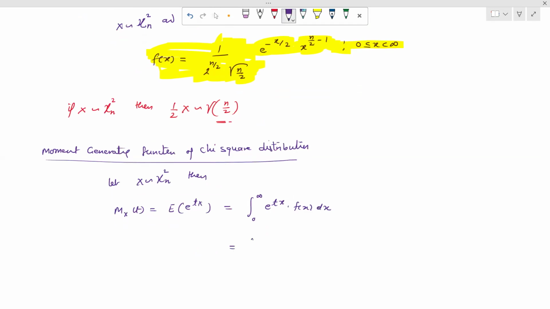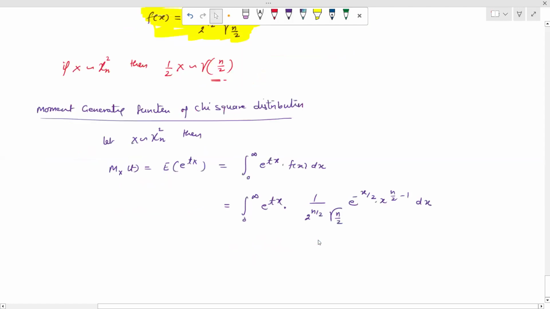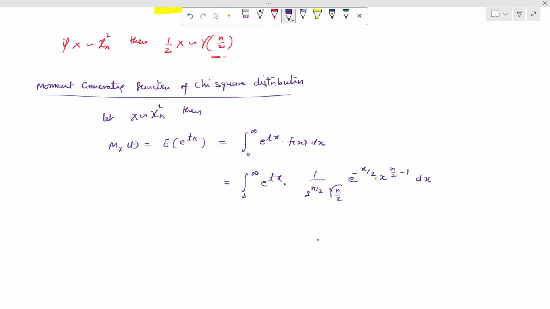So now we have the integral from 0 to infinity of e raised to the power tx, and f(x) we have as 1 upon 2 raised to the power n by 2 gamma n by 2, e raised to the power minus x by 2, x raised to the power n by 2 minus 1 into dx. Now we evaluate this integration.